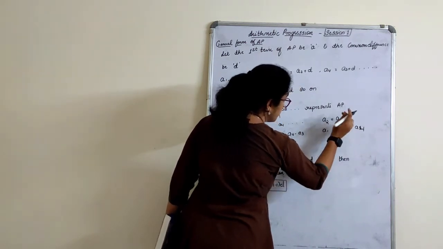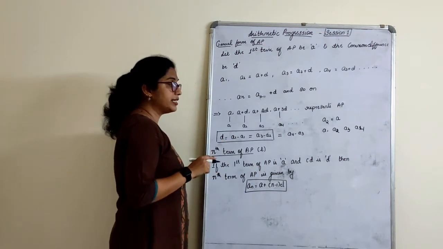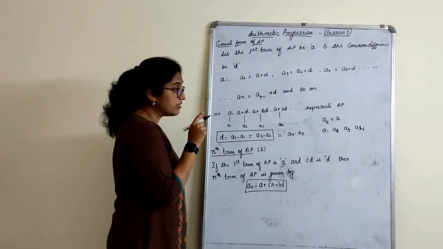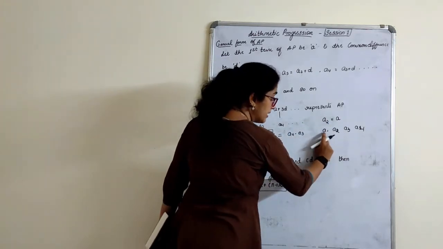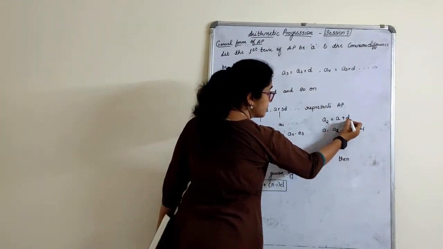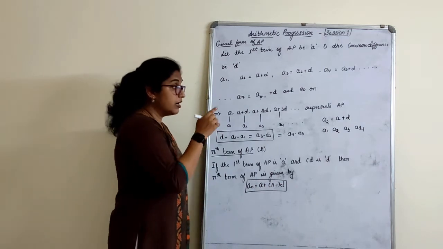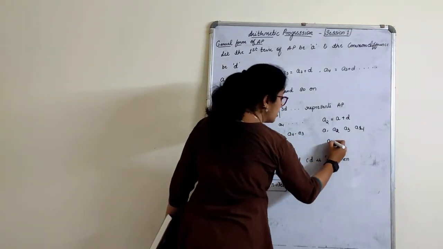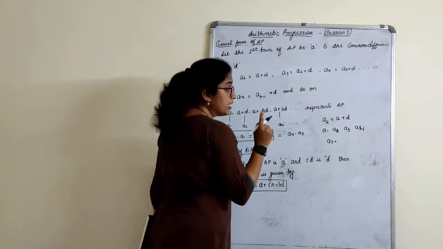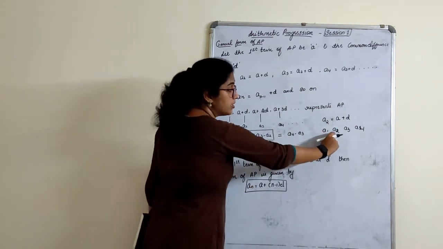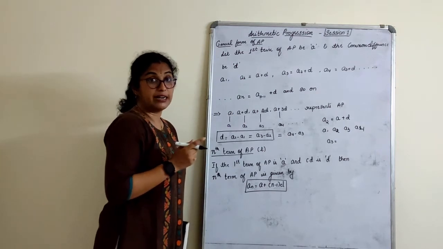Let me take the second term. Now, what am I actually doing to the second term? To the second term, I am adding the common difference, and I will get the third term. Right? Now see here, if I want the third term, what am I doing? So I am adding the common difference to which term here? To the second term I am adding.